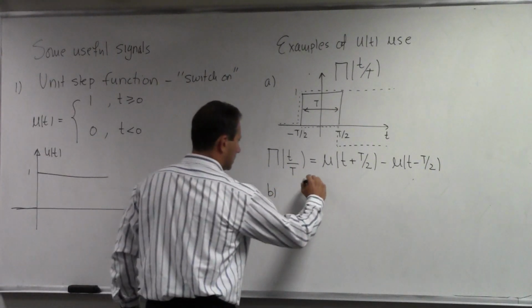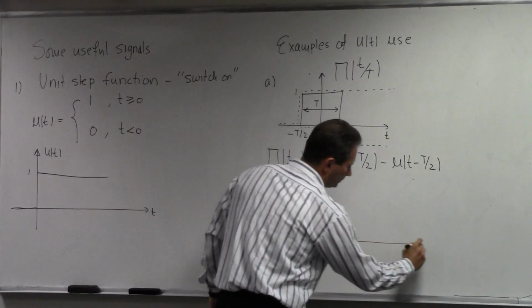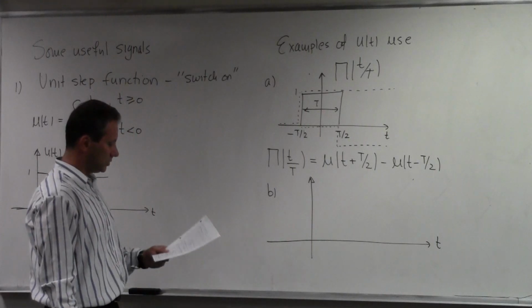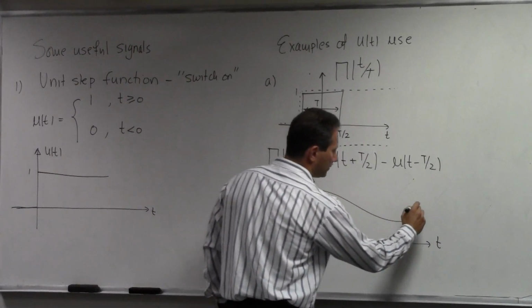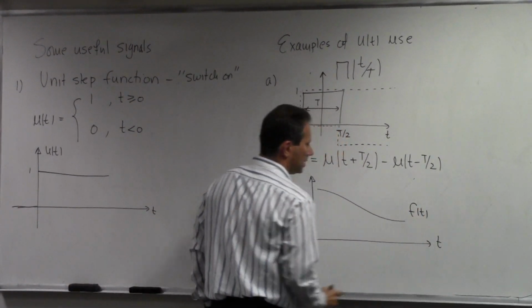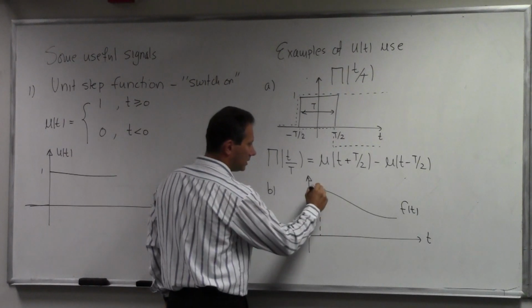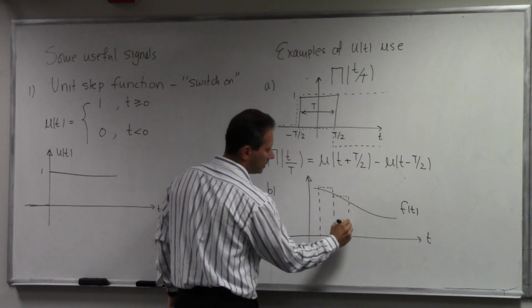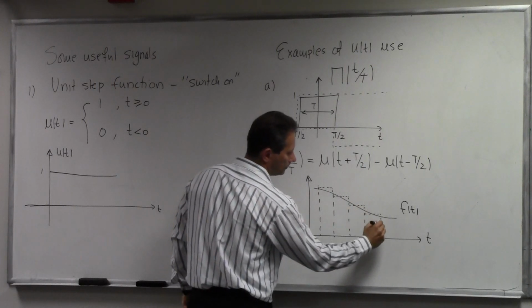One of the things that can give you a hint of what we'll be using this pulse for is the fact that if I look at any arbitrary signal, f(t), I can see this signal as being approximately built out of pulses.